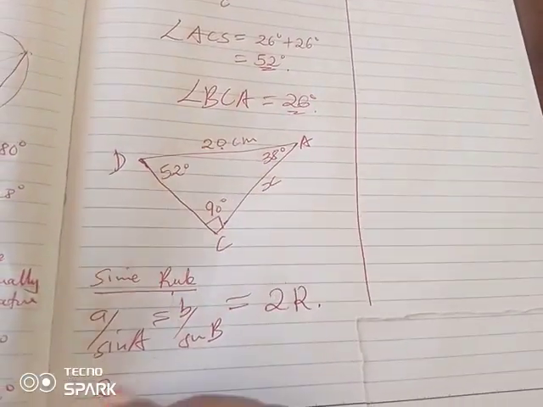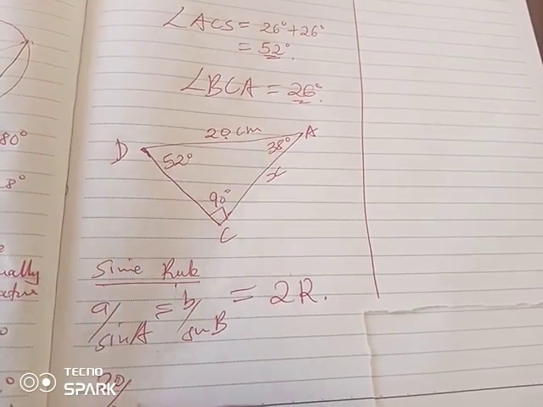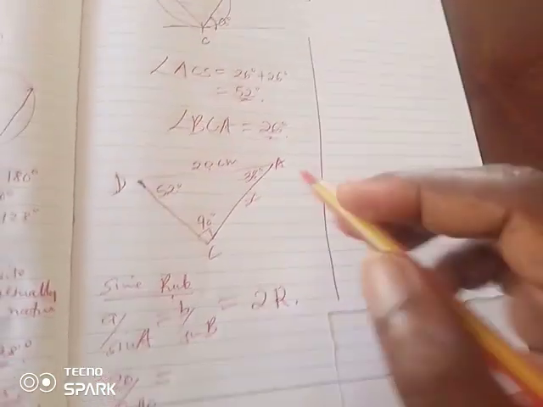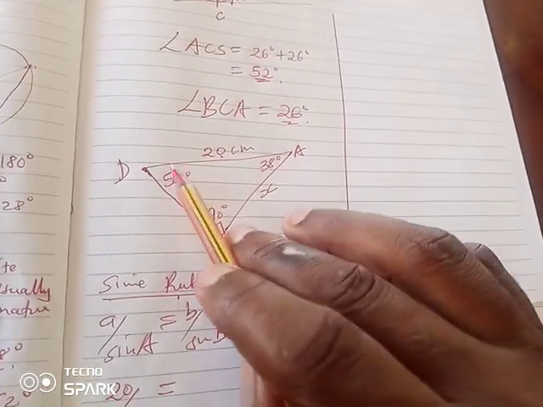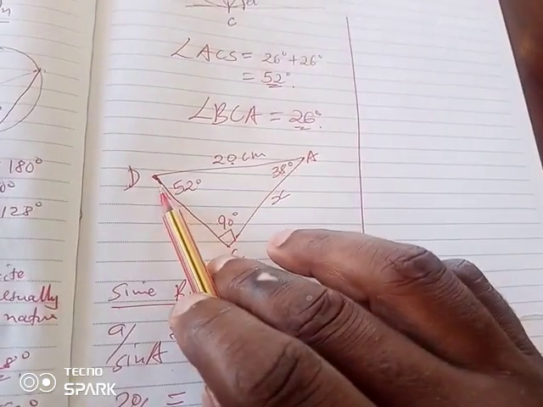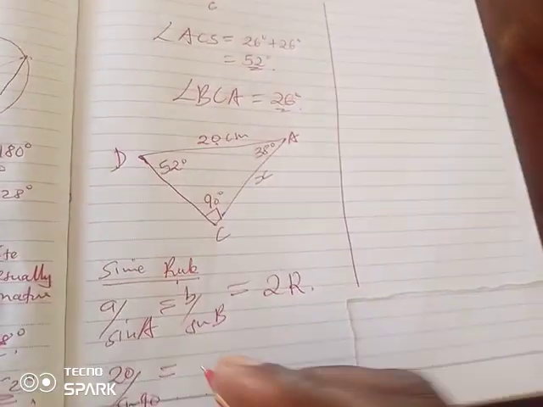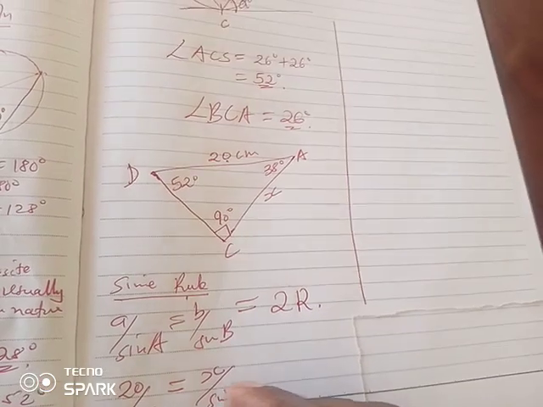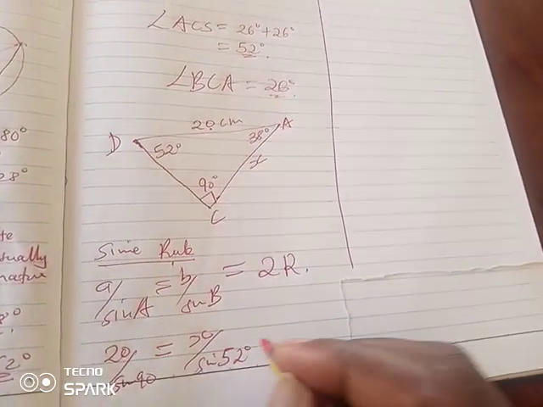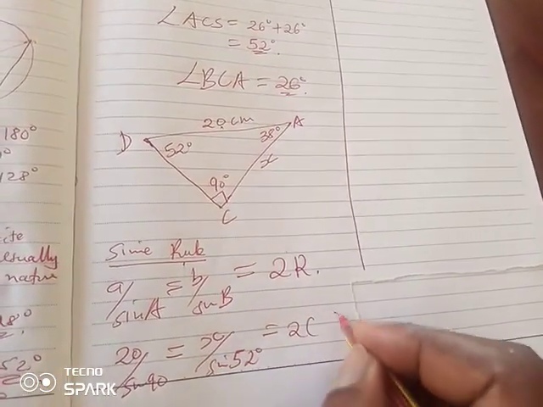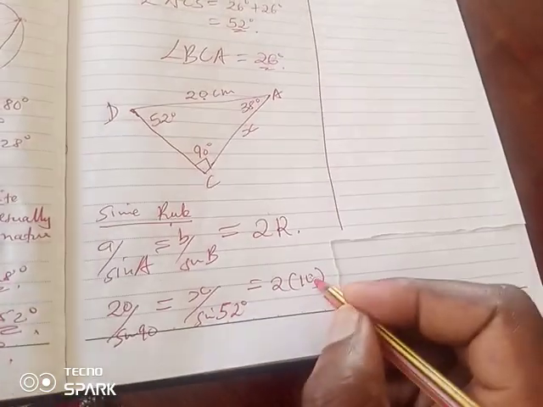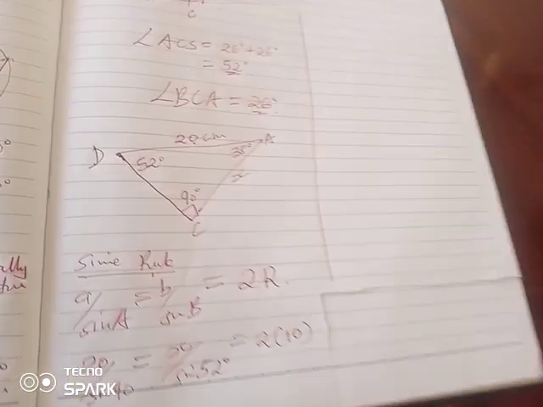So 20 over sine 90 will be equal to X, the length, over sine 52 degrees, which should be equal to 2 into R. R was 10. So this is true.